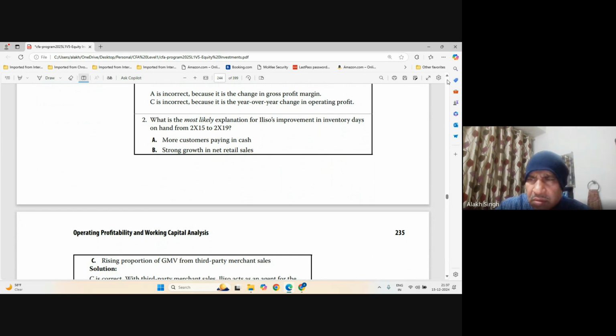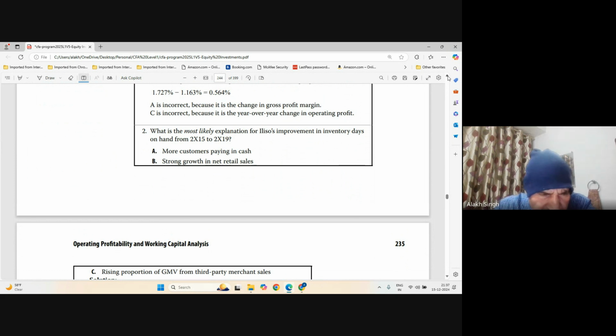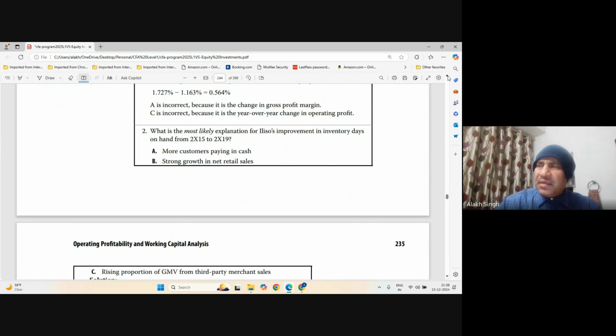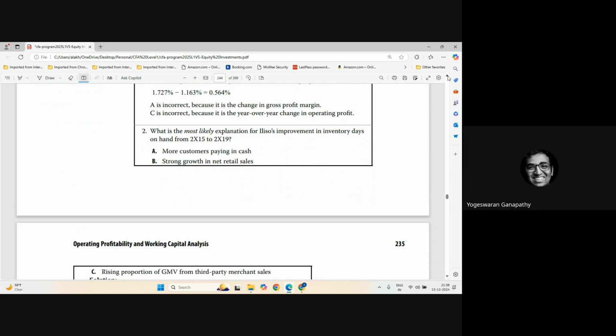It means lower inventory. You do not have to look at all three, because the question is telling why inventory is reducing. Days inventory on hand is less, so your inventory level is reducing.